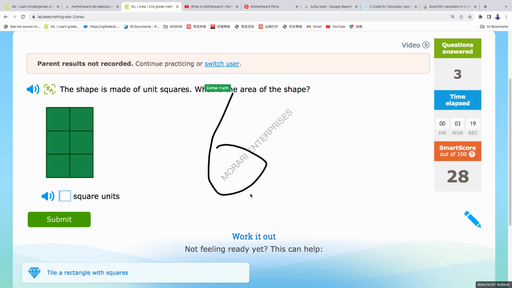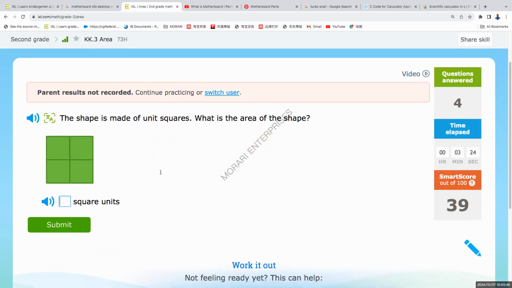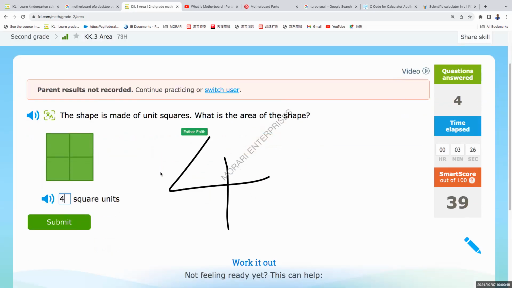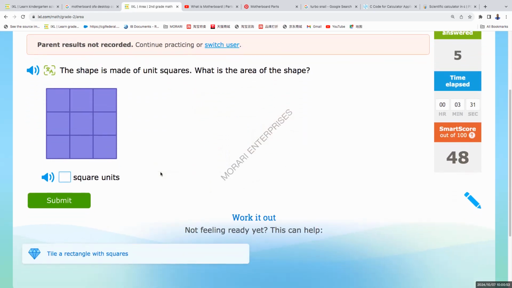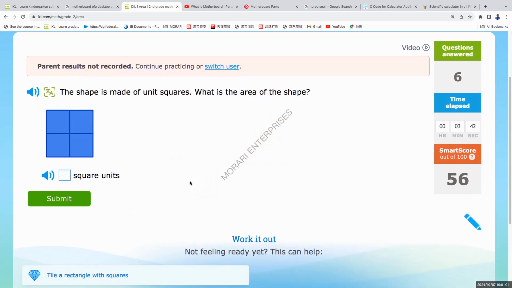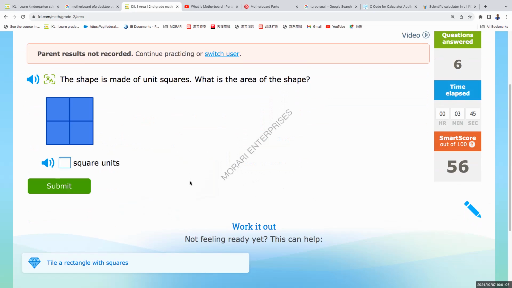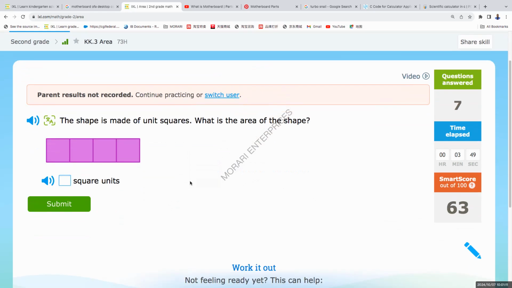Six square units. Four squares. 9. 9 what? Don't be lazy here. Read completely. 4 square units. 4 square units.